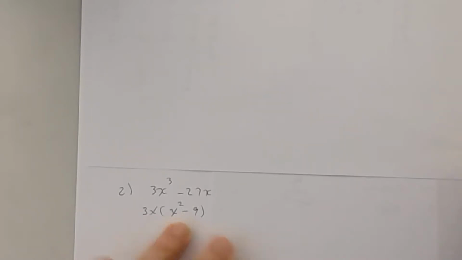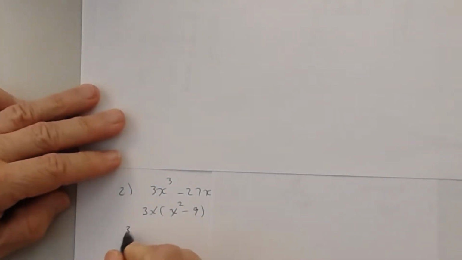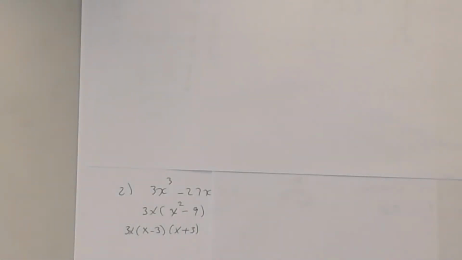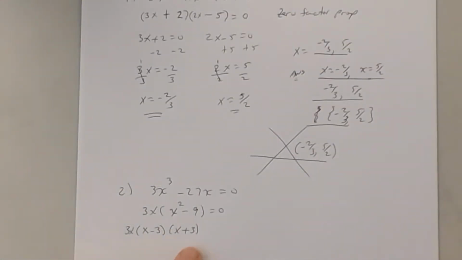So I can go further with that. So you would say 3x times what? X minus 3 times x plus 3. All right, so remember the difference of 2 squares. All right, but remember we are dealing with the equation now, so that's equal to what though? 0.